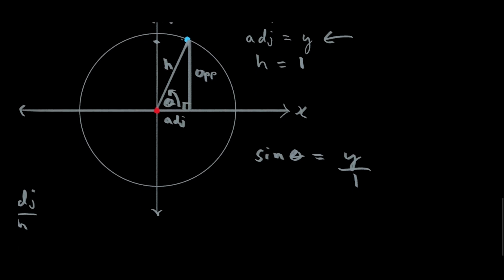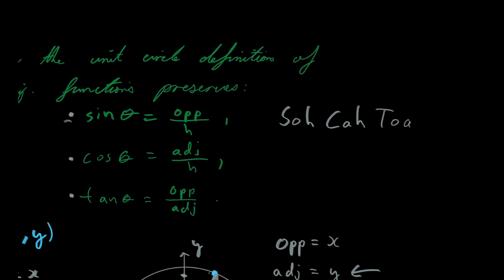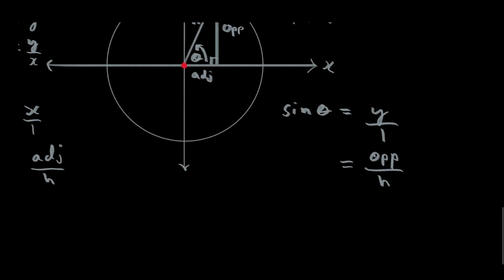Okay, so we can really replace y with the opposite, and we know that 1 is the length of the hypotenuse, so we can substitute h for 1, and guess what? We've got sine of theta equal to the opposite side length over the length of the hypotenuse, which respects this here.